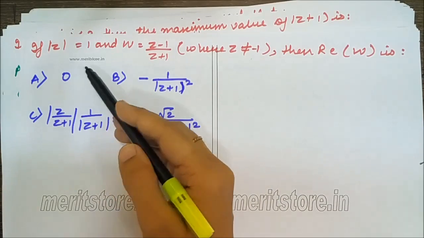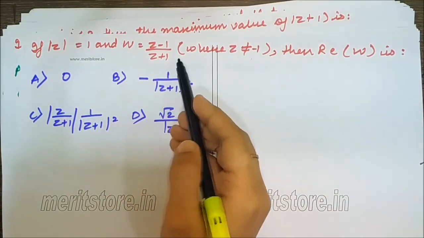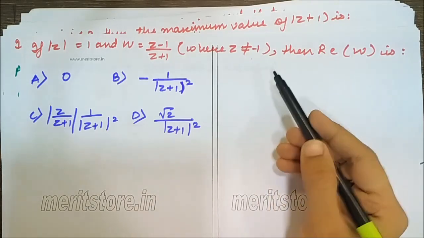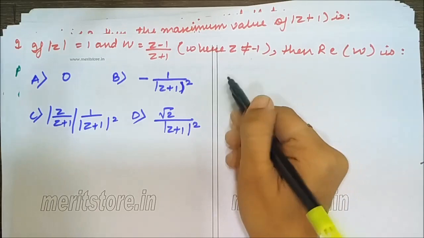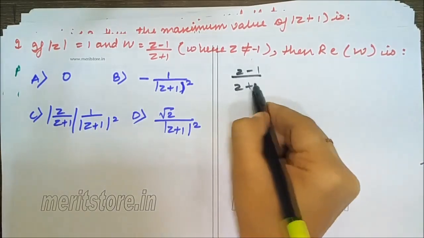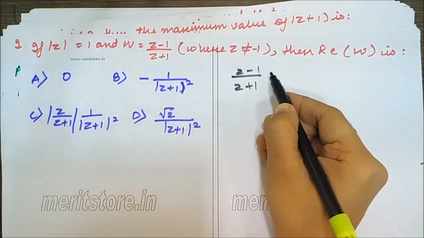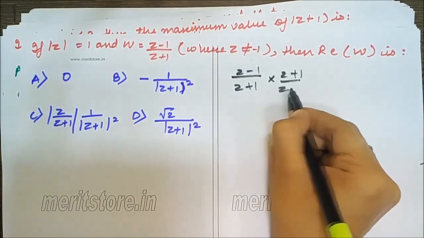If modulus of z is equal to 1 and w is equal to z minus 1 upon z plus 1, where z is not equal to minus 1, you have to find the real part of w. Okay. So z minus 1 upon z plus 1 into z plus 1 upon z plus 1.